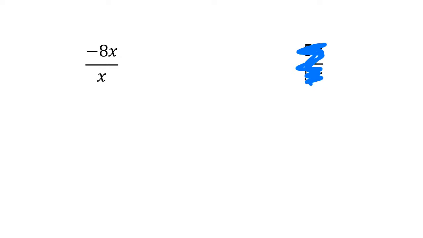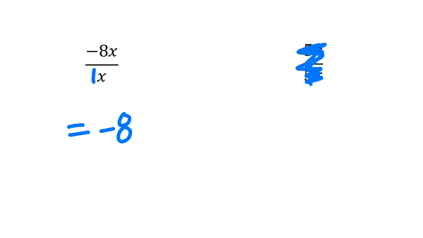Okay, so if I look at the coefficient in front of the x, remember if there's nothing there, there's an implied 1. Well, I shouldn't say imaginary, because imaginary is the square root of negative 1. But that 1 is implied to be there. So negative 8 divided by 1 should just give you negative 8.